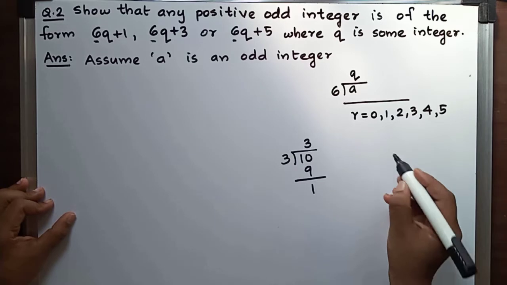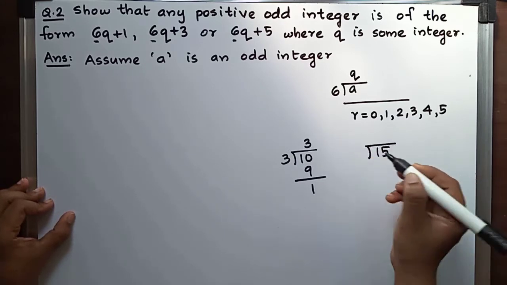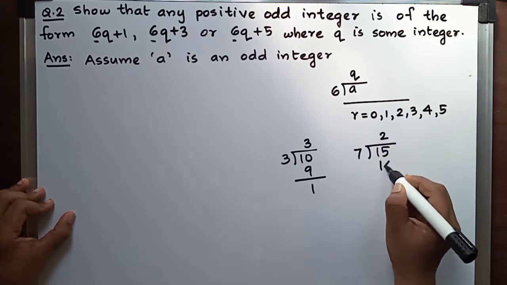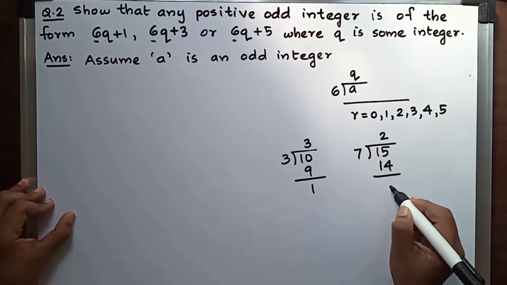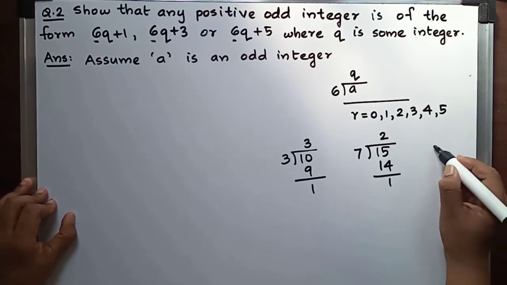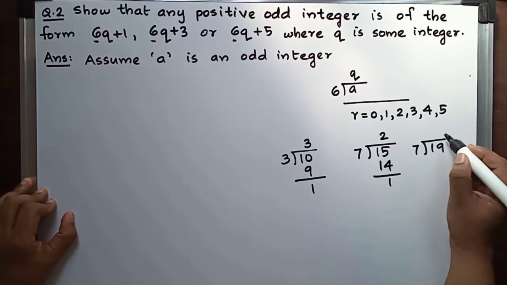Okay, again I am going to divide 15 by 7. 2 times 7 is 14 and remainder 1. Okay, next I am going to take 19 divided by 7.